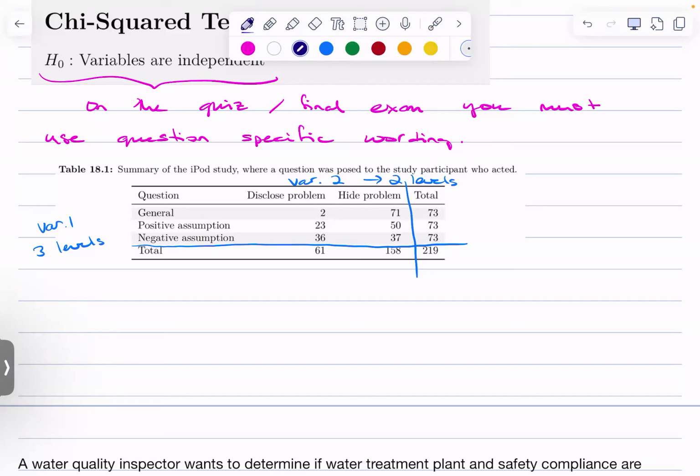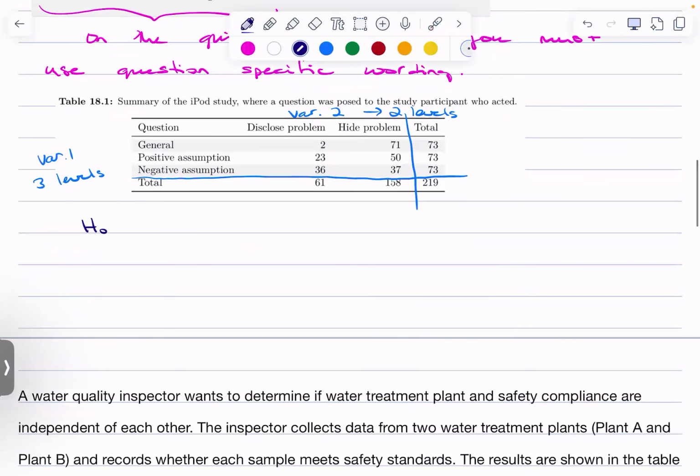I'll just copy and paste that table back in. I need a lot more room. But our null hypothesis with question-specific variable names would be the question asked is independent of whether the seller discloses the problem or not. Or you could phrase it, disclosing the problem is independent of what question was asked. Those two I would consider equivalent.